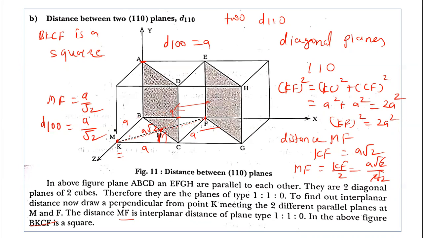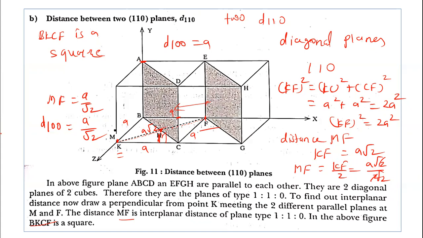So MF is equal to KF upon 2. By applying the Pythagoras theorem, KF square is equal to KC square plus CF square, so it is twice A square. So KF is equal to A into root 2, and as MF is equal to KF upon 2, it is A into root 2 divided by 2.